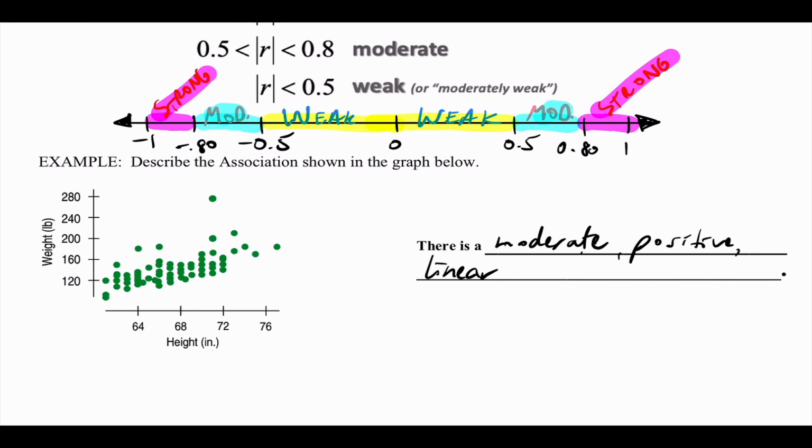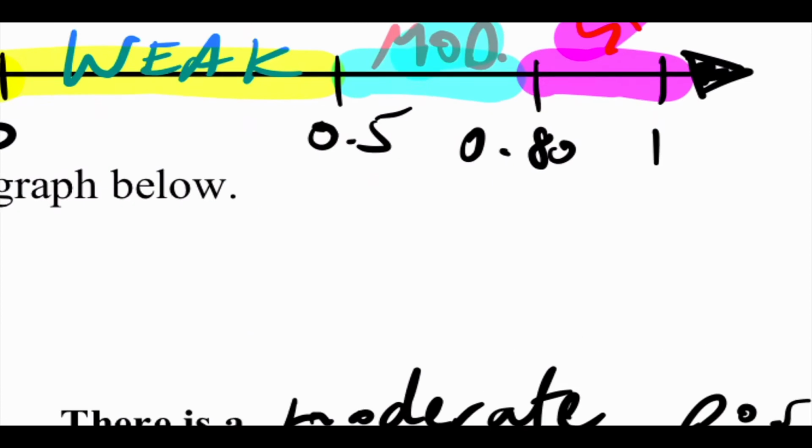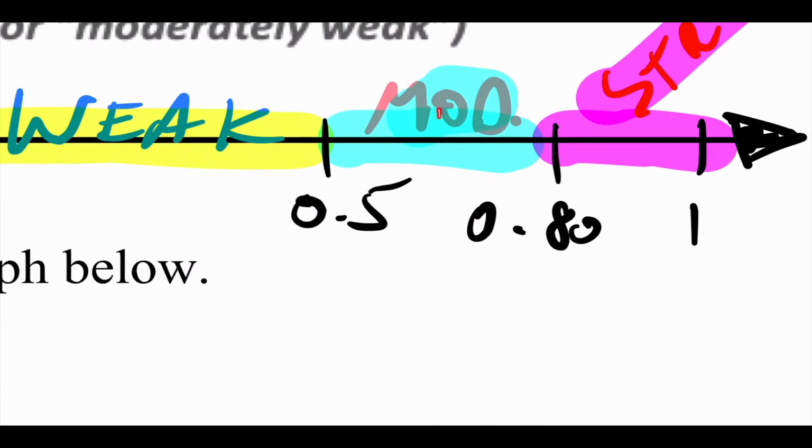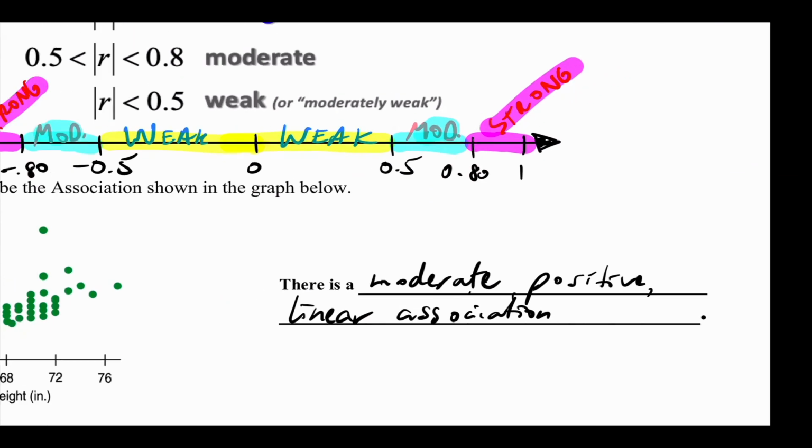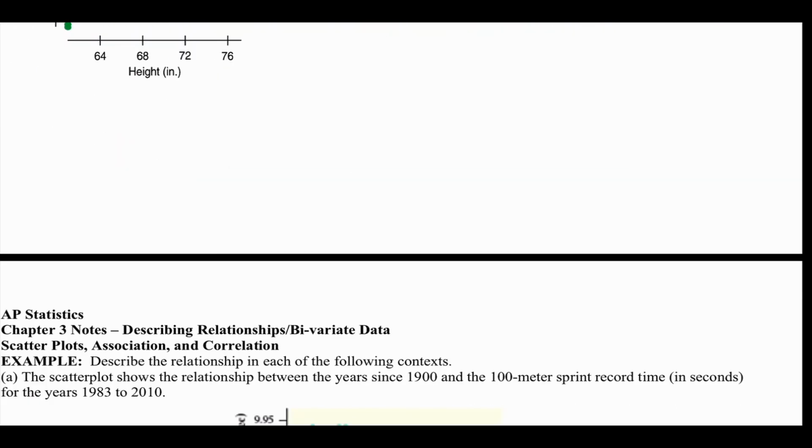So that's why I said there's a positive relationship, but I would say more moderate than anything. I would expect an R probably somewhere in this range right here, probably closer to 0.5 than to 0.8, but somewhere in here, if I were to actually calculate it, which we're going to do tomorrow.